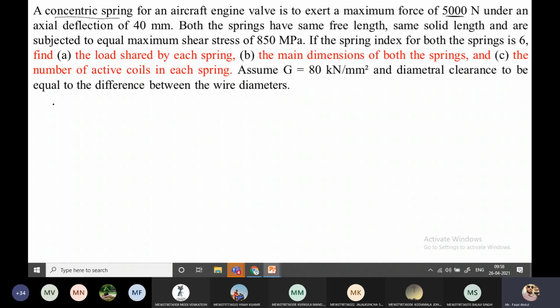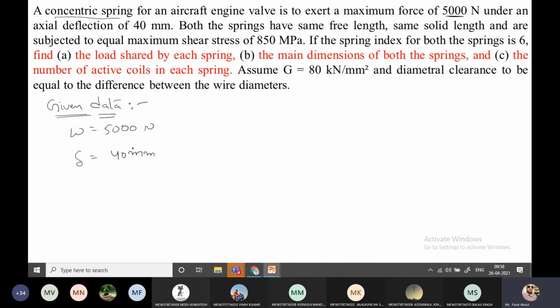So first start writing the given data. Load is given, 5000 newtons, under an axial deflection of 40 mm.